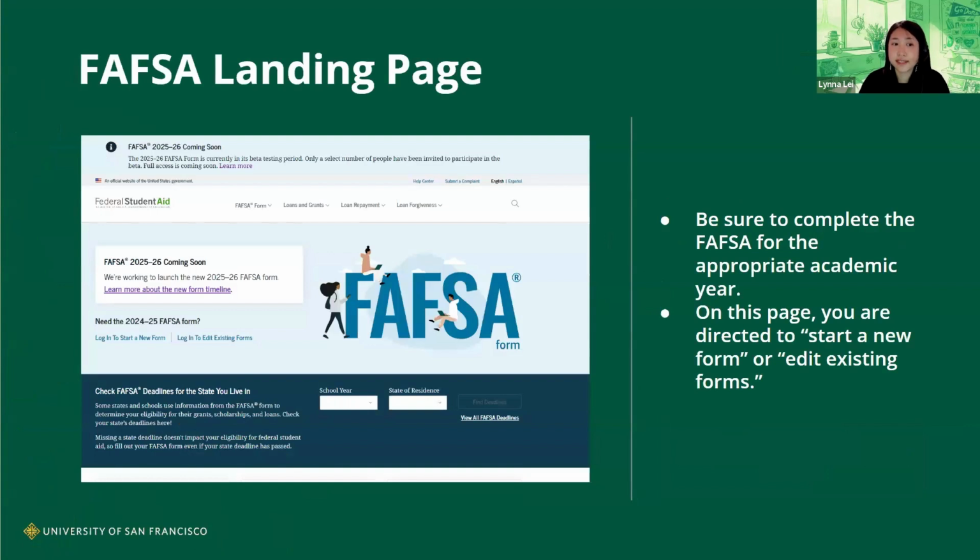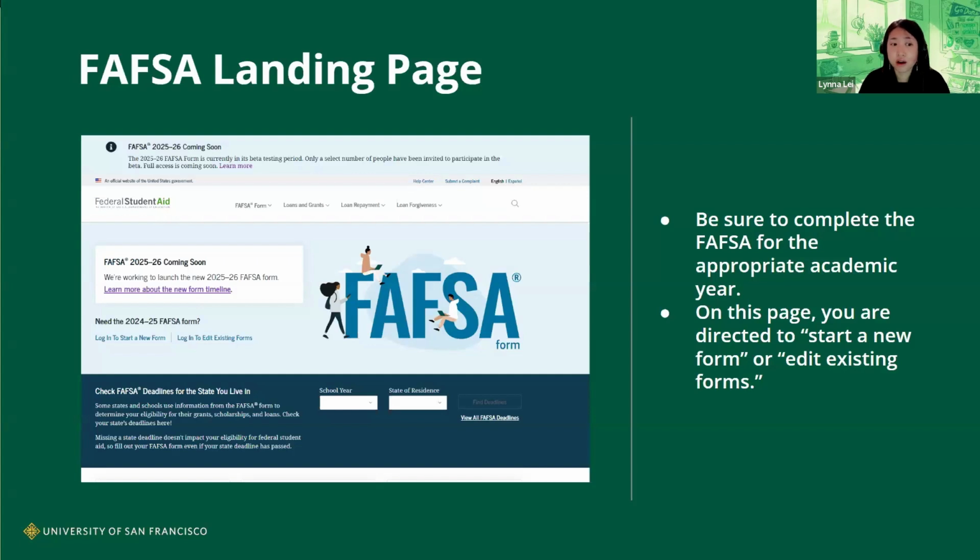Now we're going to go over the application itself. This is the FAFSA landing page. Right now, it says the 2025-26 application is coming soon. However, December 1st, you will be able to start the application. You want to be sure that you are completing the application for the correct academic year. The 2025-26 FAFSA is for fall 2025 to summer 2026.